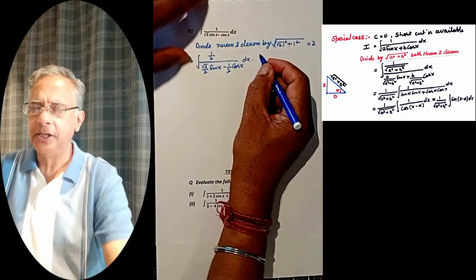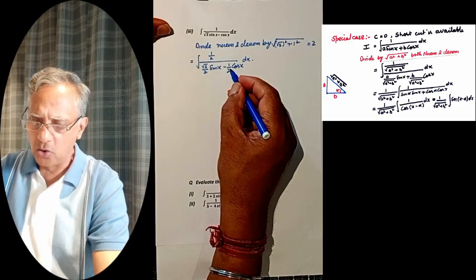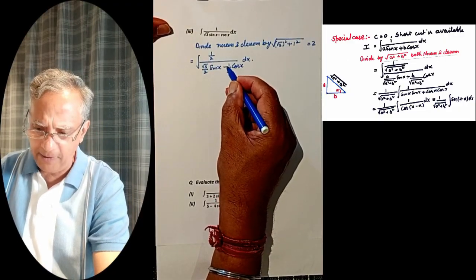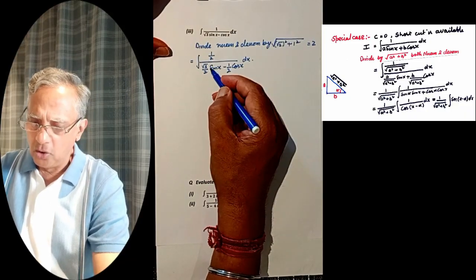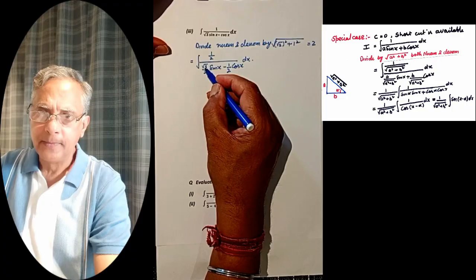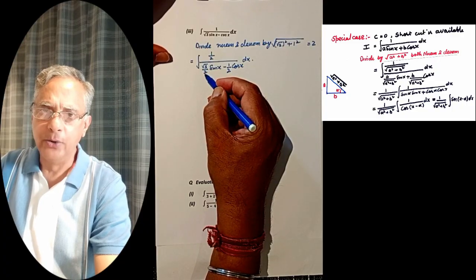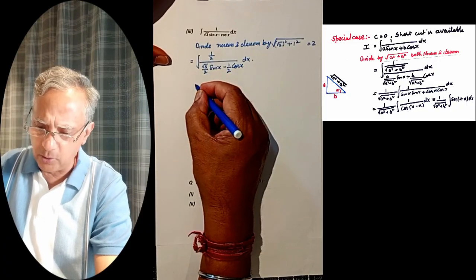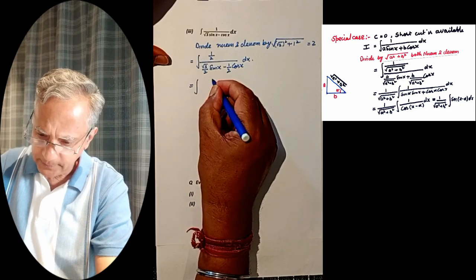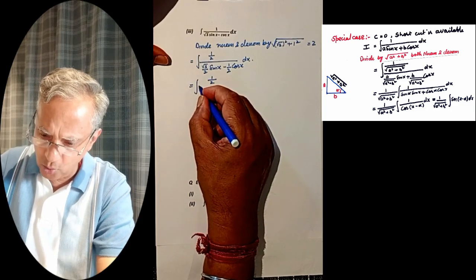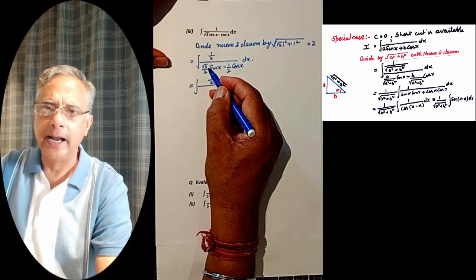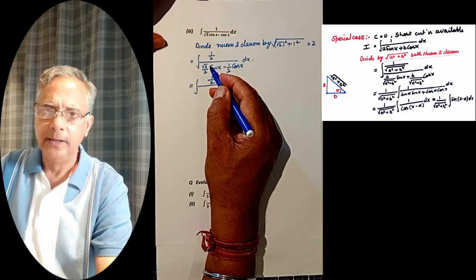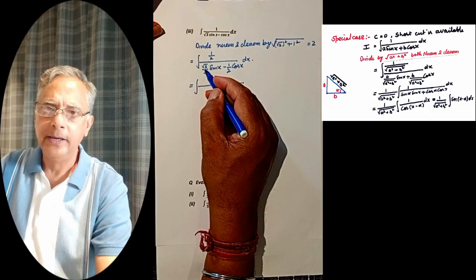Now we will change this into cos. Now this should become cos alpha and this should become sin alpha. Now sin of theta is root 3 by 2. Therefore theta must be equal to 60 degrees, that is pi by 3. Sin pi by 3 is root 3 by 2.